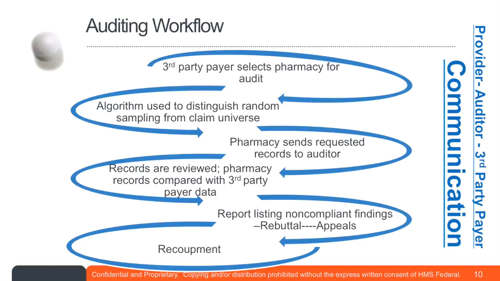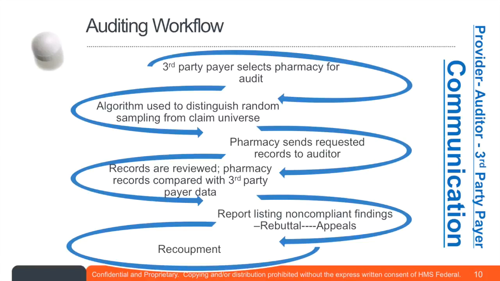You could be audited by your state Medicaid program, and then you could be audited by the third-party payer Blue Cross Blue Shield. And I know I keep using Blue Cross Blue Shield as an example. It's just one that's on the tip of my tongue because it's so well known. But the pharmacy, again, has potential for many different audits from their different payers.